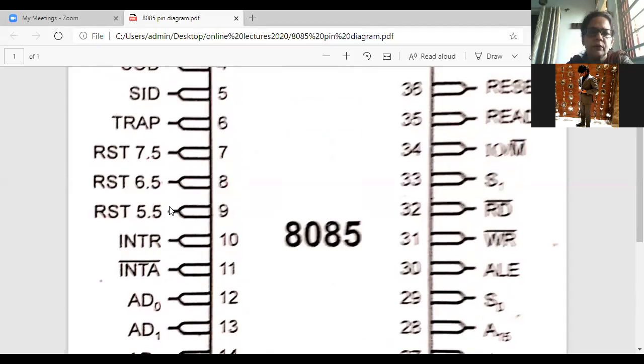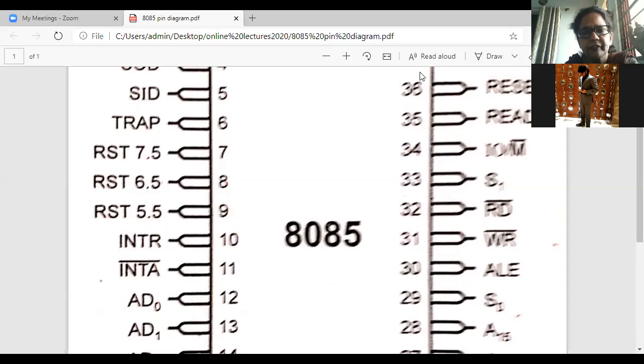Because the interrupt service routine is written at a particular address. Whenever the TRAP signal comes, the program at location 0024 will always be executed. Whenever RST 7.5 comes, you multiply 7.5 by 8 and convert it into hexadecimal, so the program at location 0030 will always be executed. So these are called vectored interrupts.